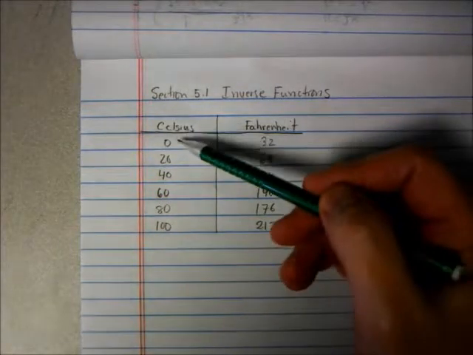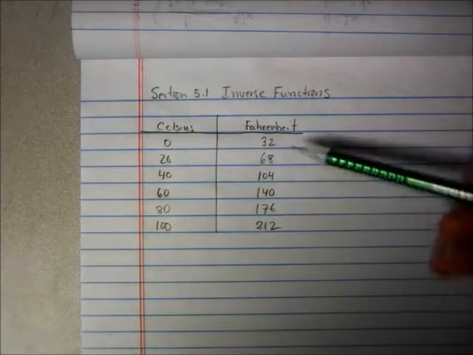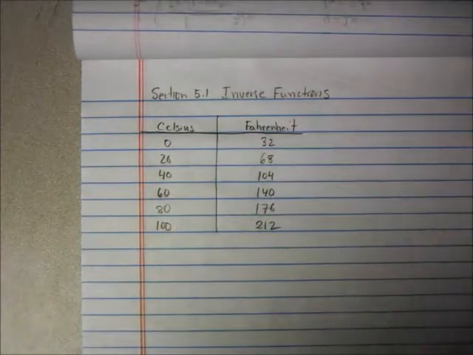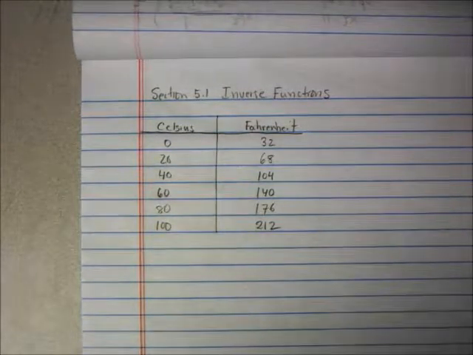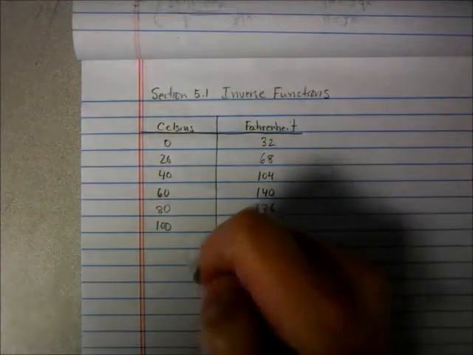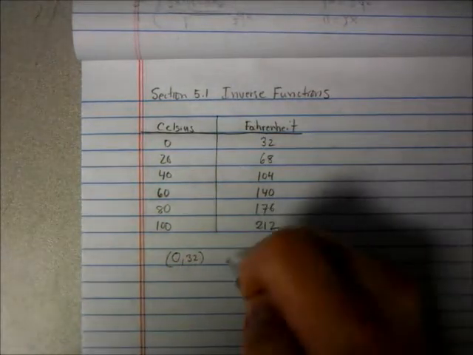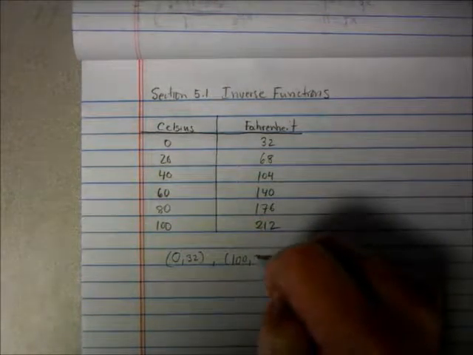So here's a table that gives some values of Celsius degrees and some values of Fahrenheit degrees. Now it turns out that the relationship between Celsius and Fahrenheit is linear. So we're going to find an equation of the line. We're going to use 2 points. I'm going to use 0, 32, and I'm going to use 100, 212.